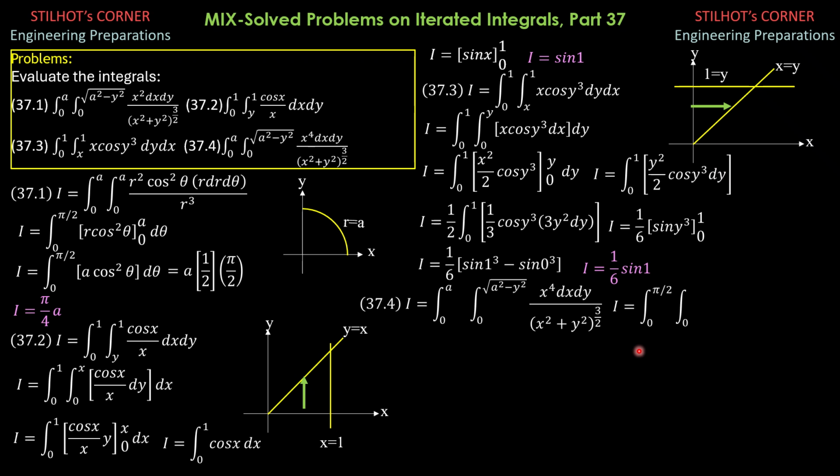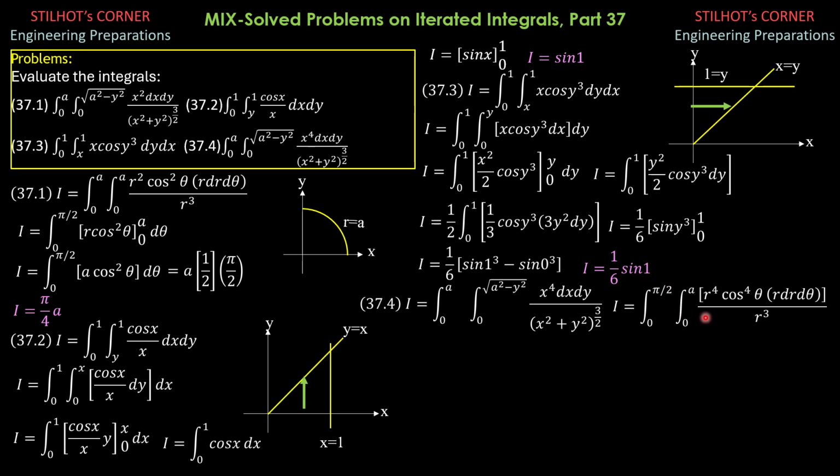So the integral from 0 to pi over 2, 0 to a, because this is a circle. So x squared plus y squared equals a squared, radius a. That's why the limits of radius are 0 to a in the first quadrant. So the limits for theta are 0 to pi over 2.